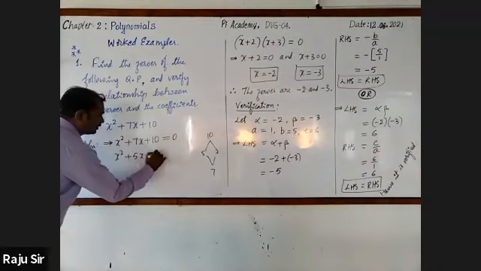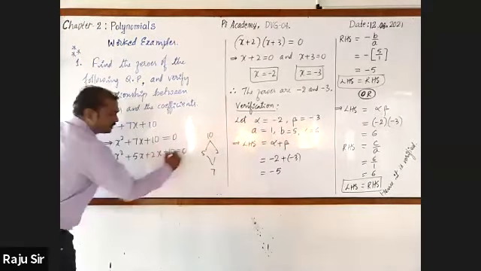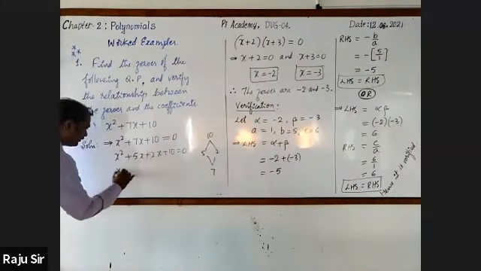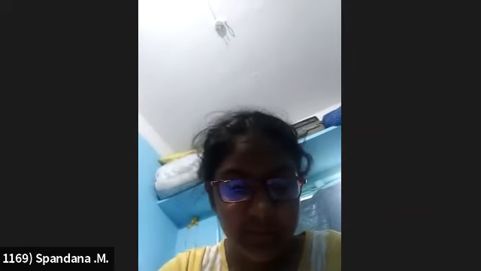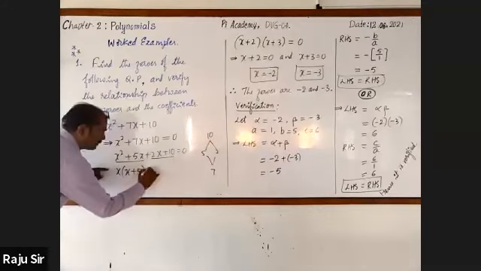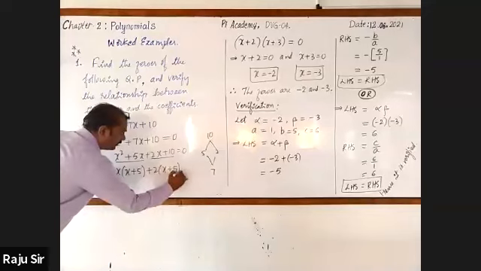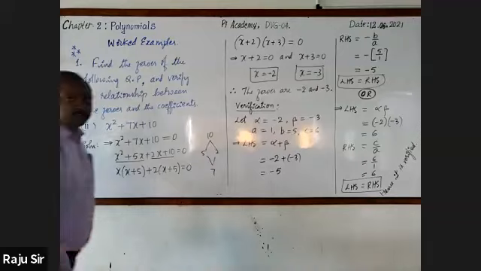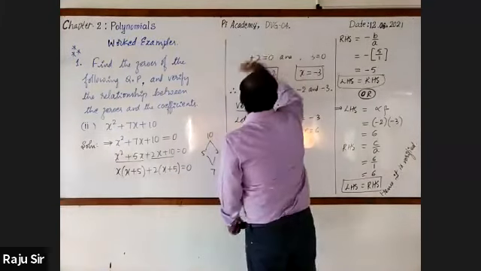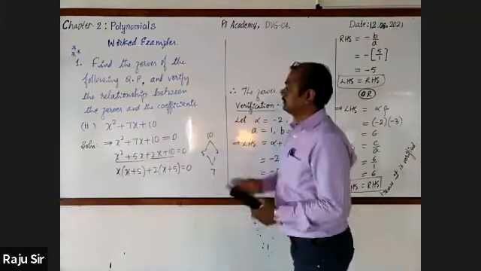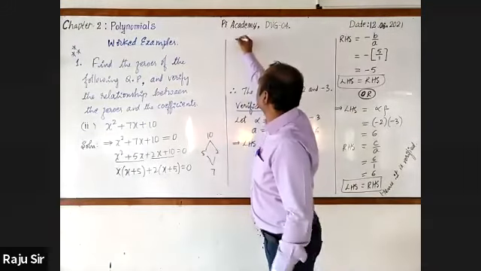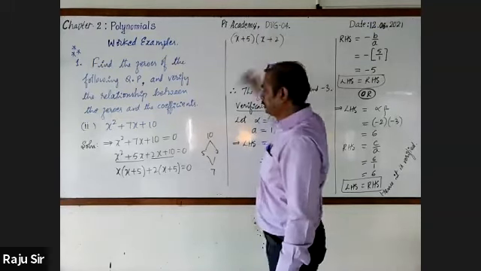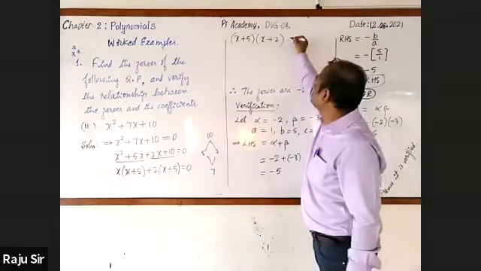5x plus 2x plus 10 equal to 0. Then take common factor. x into x plus 5 plus 2 into x plus 5, which is equal to 0. Next. x plus 5 is common factor. x plus 5 into x plus 2 is equal to 0.